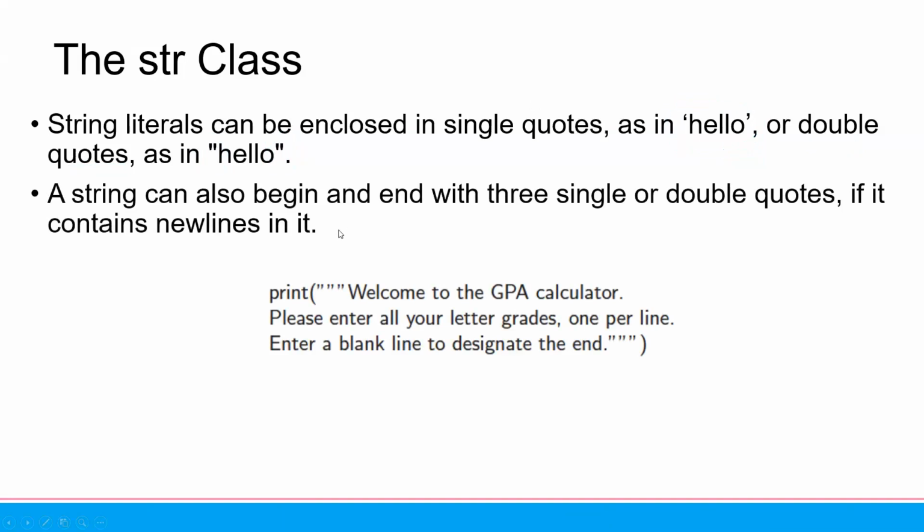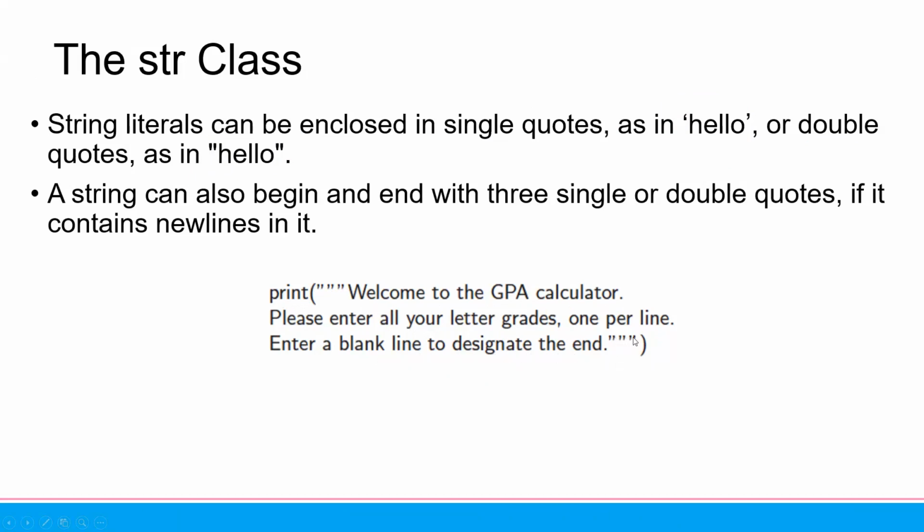And a string can also begin and end with 3 single or 3 double quotes if it contains new lines in it. You can see here, print, double quote, double quote, double quote, Welcome to the GPA calculator. And please enter all your letter grades one per line, enter a blank line to designate the end.